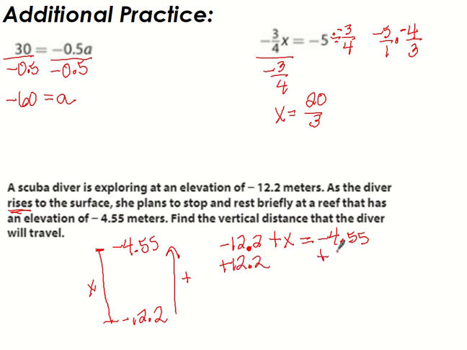We're still doing an inverse. These still cancel each other out. It's just because of that double negative that allows us to just add. So I'm going to go negative 4 and 5/10 plus 12 and 2/10. And we get that they rose by 7 and 6/10 meters.